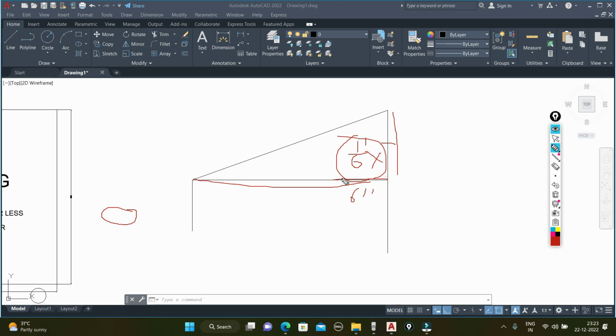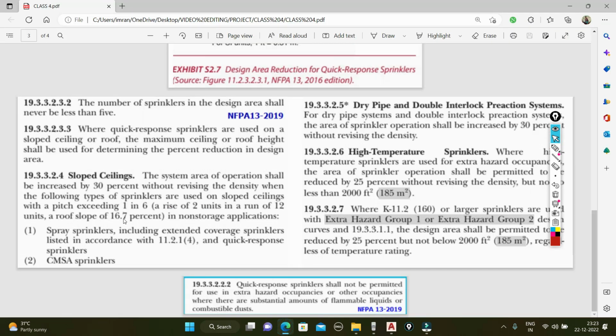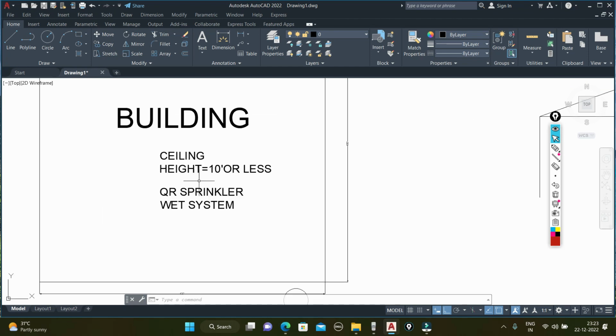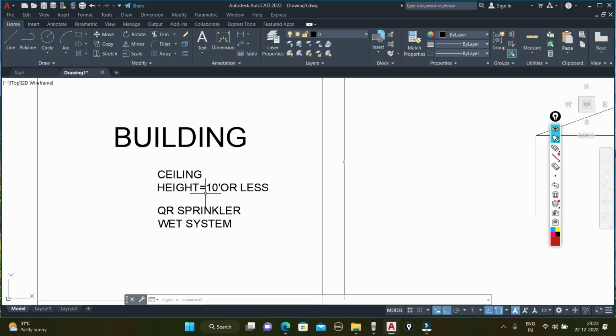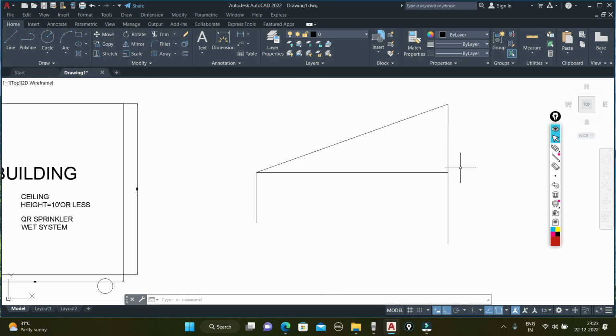So this type of structure we include as a slope ceiling. If it will be a slope ceiling, then the reduction will be 30% without revising the density. Okay, so if this is the building, the ceiling height doesn't matter if it is a slope ceiling.